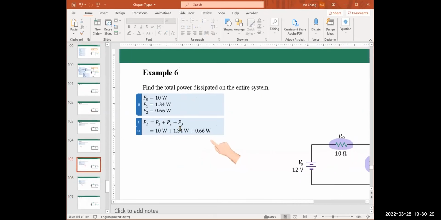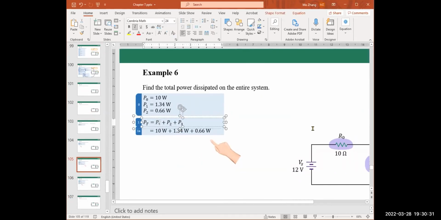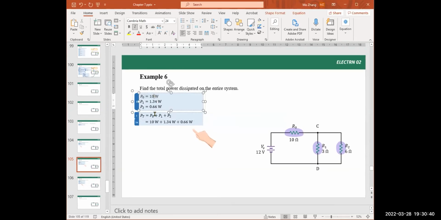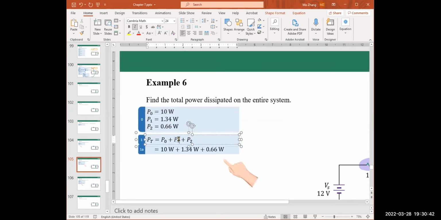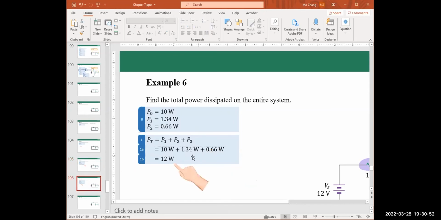Let me do a correction here. This is 1, this is 2. P0 is 10 watts. P1 is 1.34 watts. P2 is 0.66 watts. Just add them up, using a calculator.